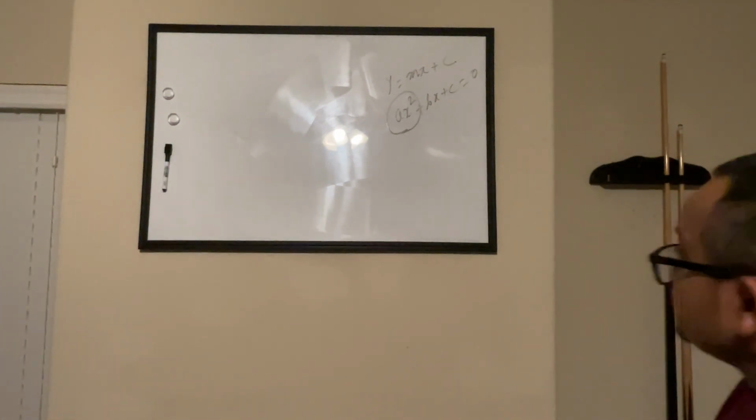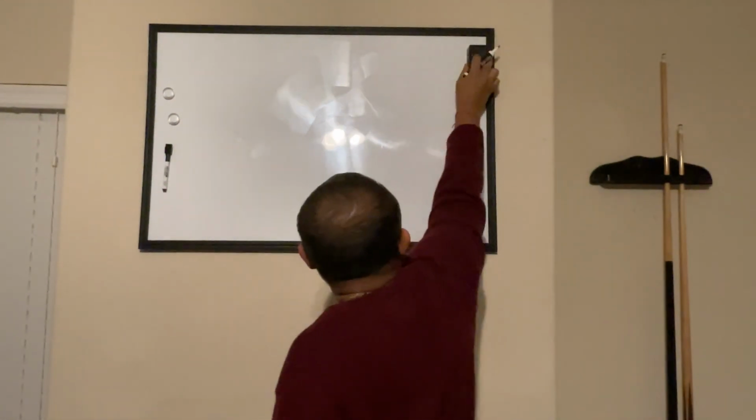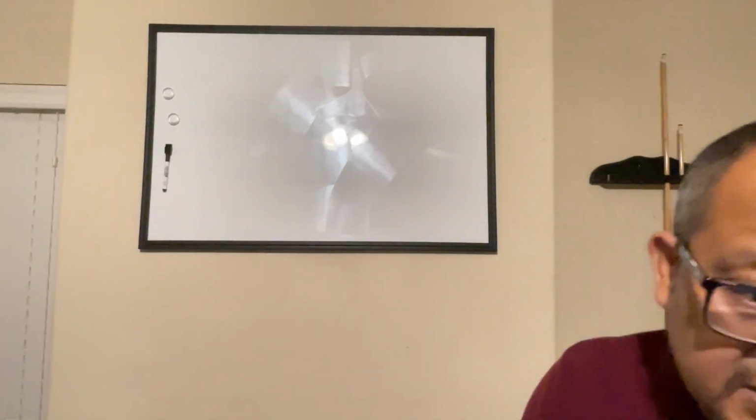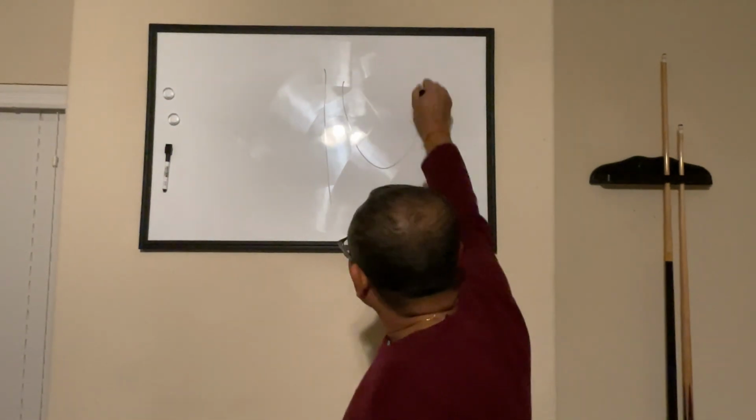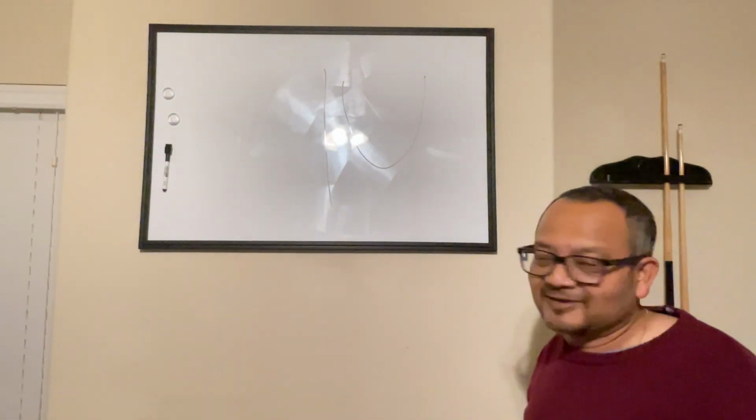Now, another thing that we need to remember before we go to the questions is, if we are talking about a quadratic equation or quadratic function, the graph will be a parabola, like you told me.